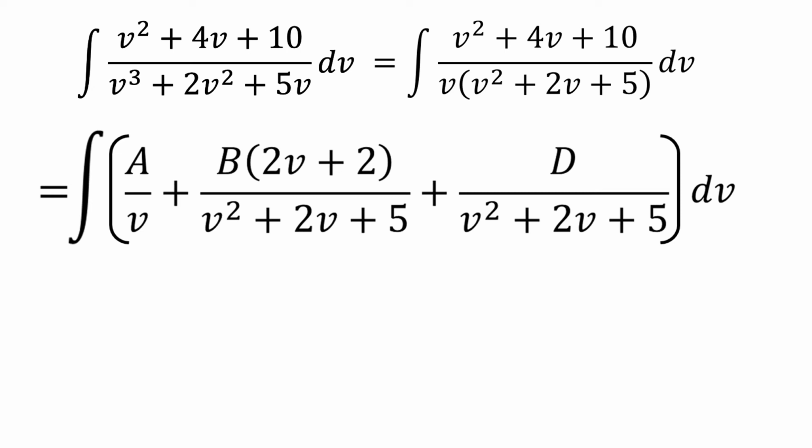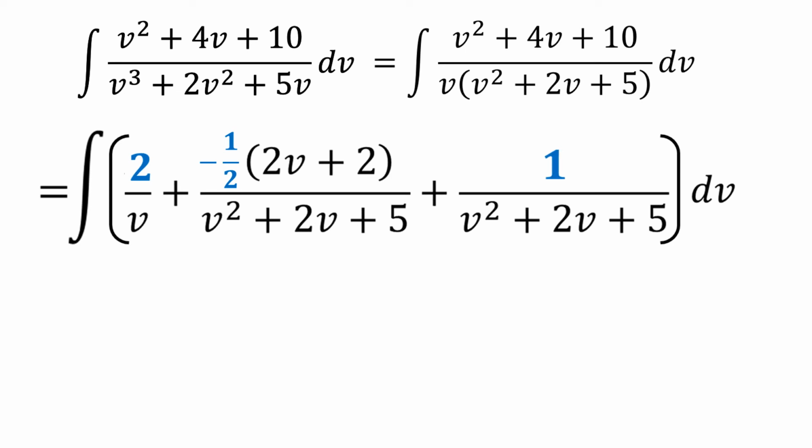Since we had solved the values of A, B, and D, we will substitute A, which is 2, B is negative 1/2, and D is 1.